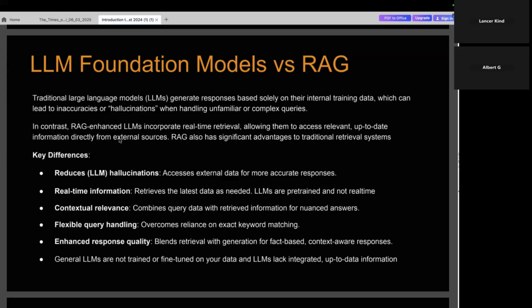Second, we may also have real-time information, because we can retrieve the latest data, and the LLMs can check that data and give us the relevant information. Along with the query, we can also retrieve the proper information. So we may also have contextual relevance of the answer, and because of that, the output will be better.